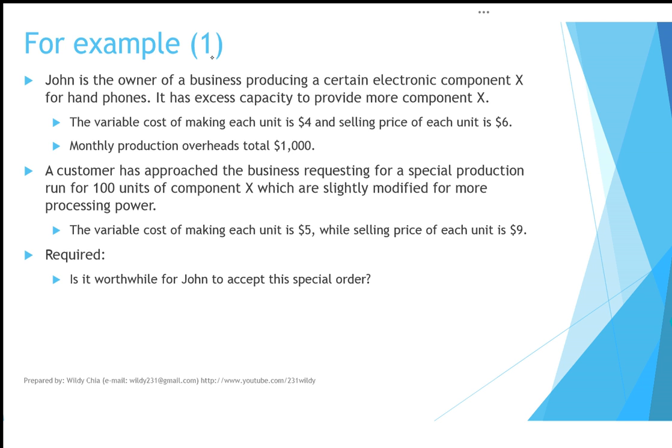Which means that from producing these regular units, the contribution is 6 minus 4, which gives $2. So it's a fairly regular thing for John to earn $2 of contribution per unit produced and sold.